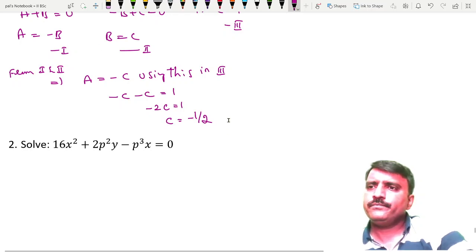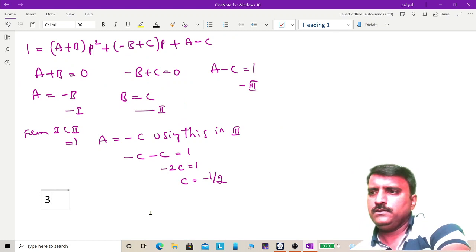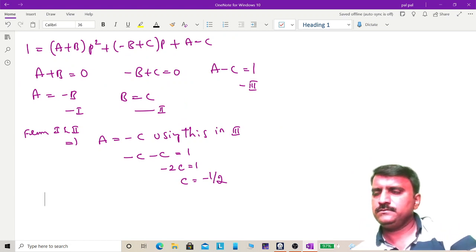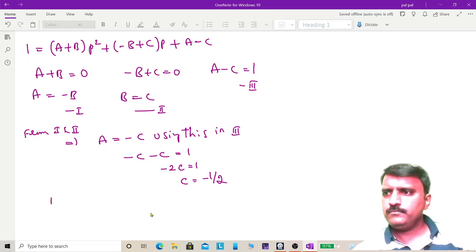Similarly, the values of c and b are the same. So the b value is minus 1 by 2, and the a value is minus of b, that is plus 1 by 2.